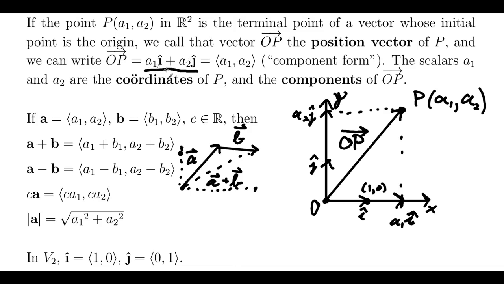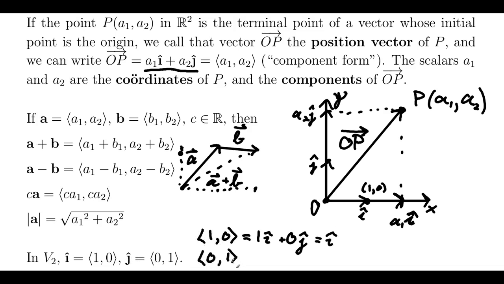Or we could use this definition here, where vector components 1, 0 translates into 1i plus 0j. But 1i is just I, 0j is the 0 vector, I plus the 0 vector is I, so the vector with components 1, 0 reduces to just the vector I. And similarly, you expand that for j; I can write it out, it won't take long.